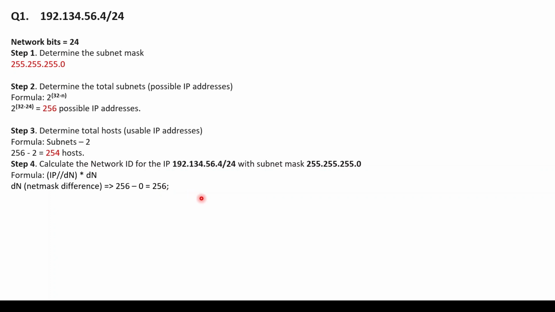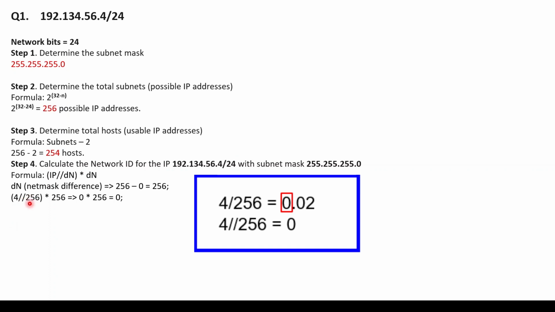Substituting that into the formula, we have 4, because 4 is at the octet of interest. Then we perform an integer division by delta n, which we already have here as 256. An integer division means we divide 4 by 256 and we are only interested in the whole number result, not the remainder. So 4 divided by 256 is 0 point something, and we are only interested in the whole number result, that is the 0.